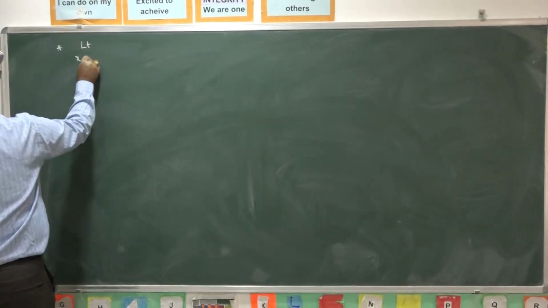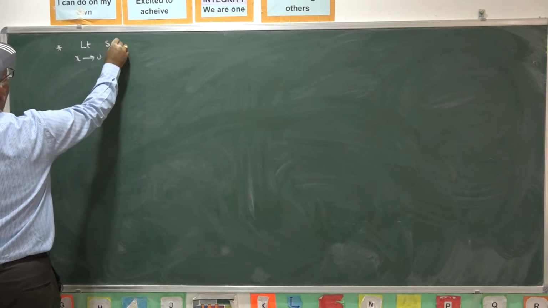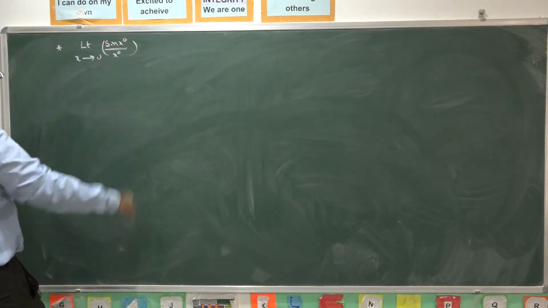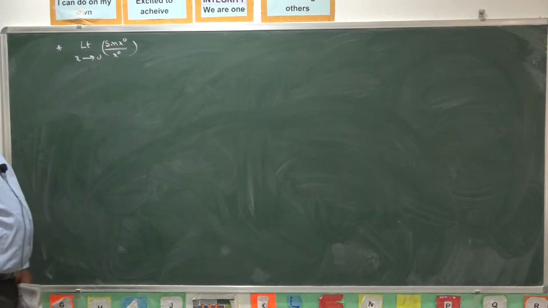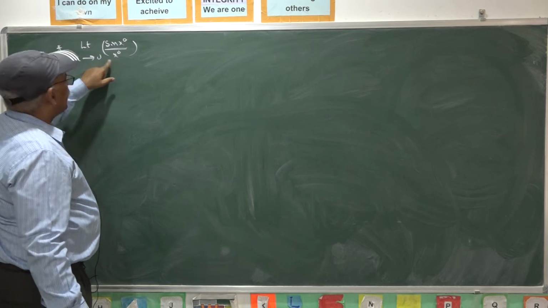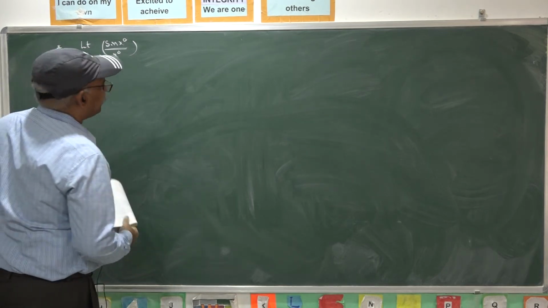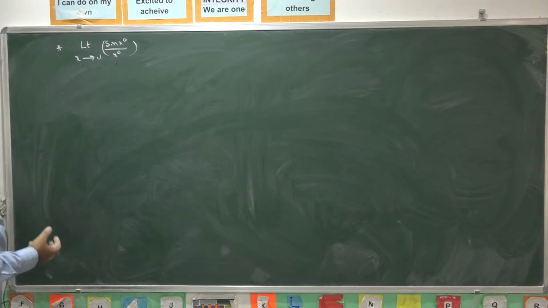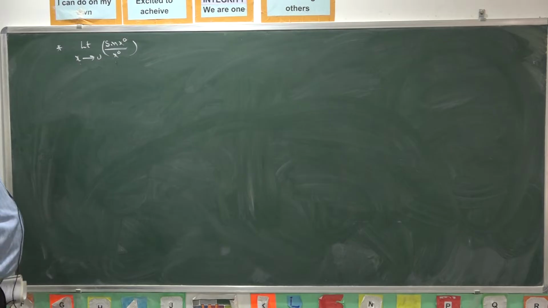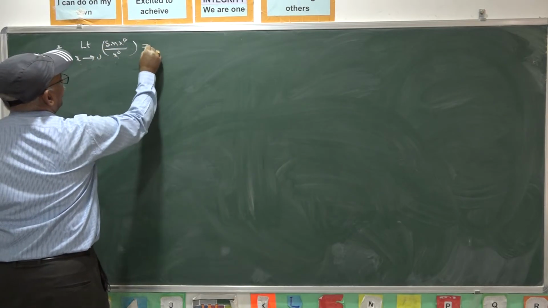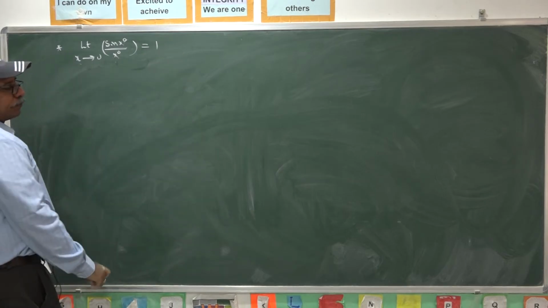Limit x goes to 0, sin x degrees by x degrees, where x is measured in degrees here. Here x degrees, here also x degrees. So limit as x goes to 0, as x degrees is nearing 0 degrees, sin x degrees by x degrees is as sin x by x as x goes to 0, that is always equal to 1.